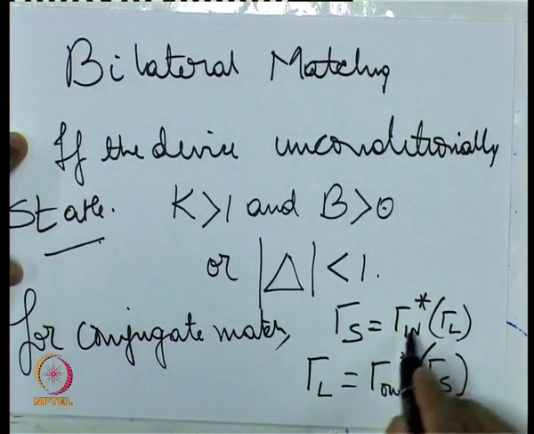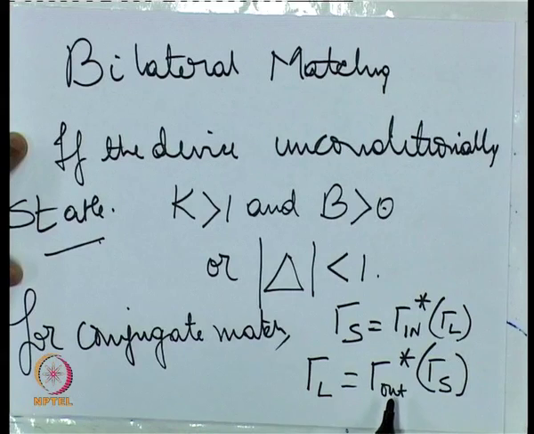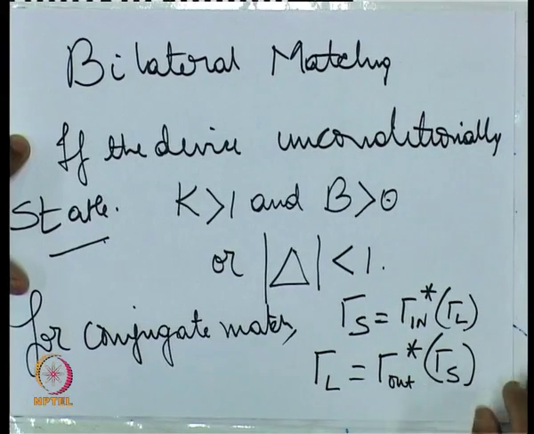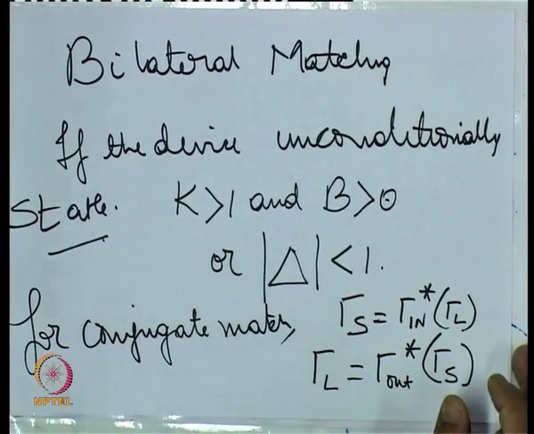Now we know the equation for gamma in and the equation for gamma out, and if we solve these two equations simultaneously, then the solution that we get is given like this.